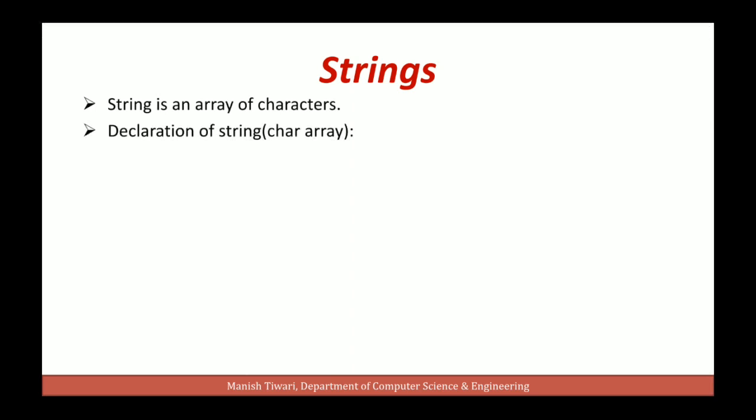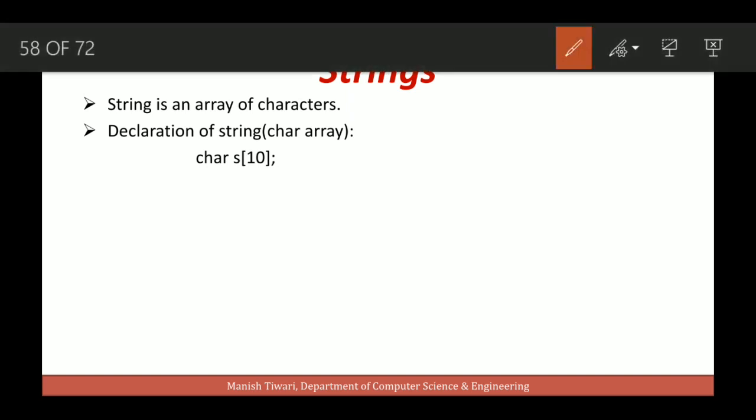Just like we declare an array of integers or an array of floats, the same way we can declare an array of characters, and a character array is nothing but a string. You can see here I declared a string of 10 characters.